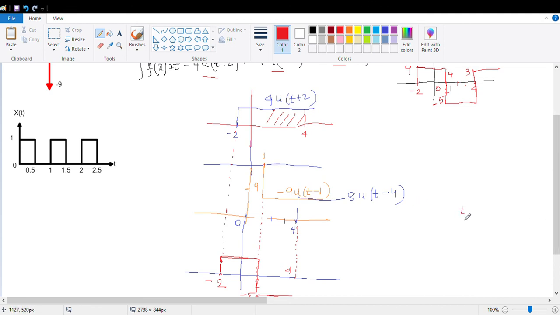One is plus 4, then minus 9 plus 8. So it will be 12 minus 9. What is the total value? It will be 3 now. So the magnitude from 4 onwards will be nothing but positive 3.